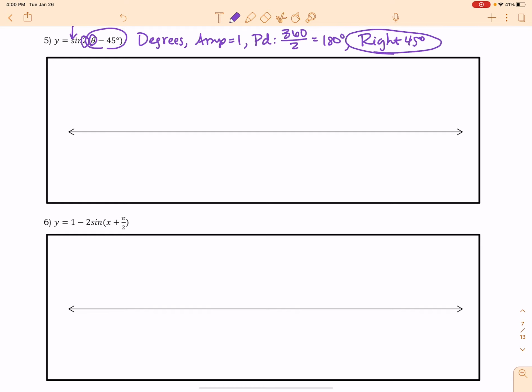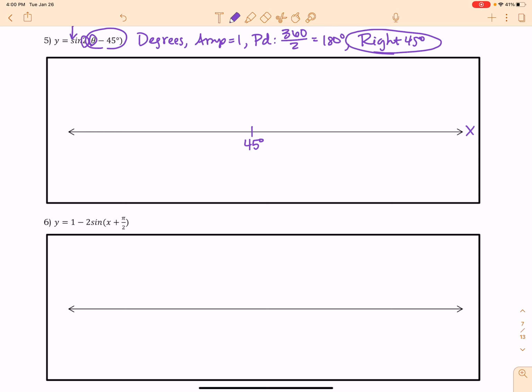Anytime we are moving in a phase shift, right or left, we're going to actually label the middle of our x-axis with our shift. So a right shift of 45 would mean that my graph doesn't start at 0 now, it starts at 45 degrees. So we're going to label this center value as positive 45 degrees.